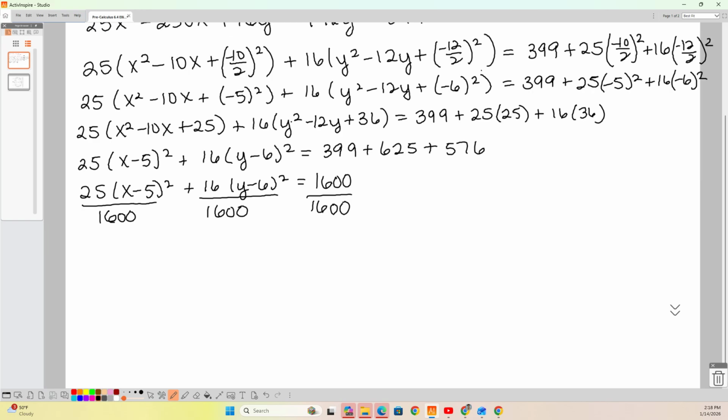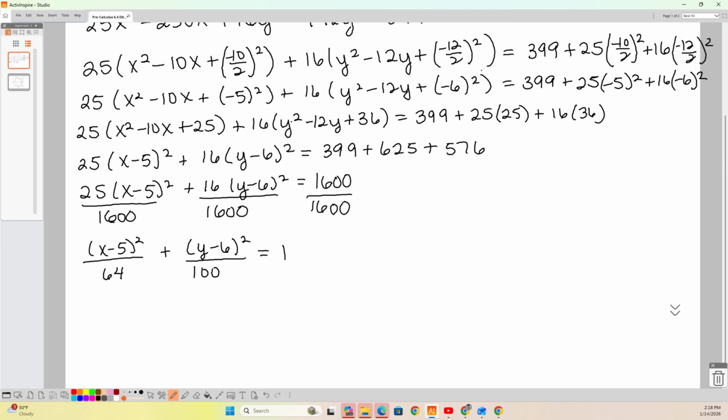So 25 times the quantity x minus 5 squared over 1,600 simplifies to x minus 5 squared over 64. And 16 times y minus 6 squared over 1,600 simplifies to the quantity y minus 6 squared over 100. And now that equals 1.